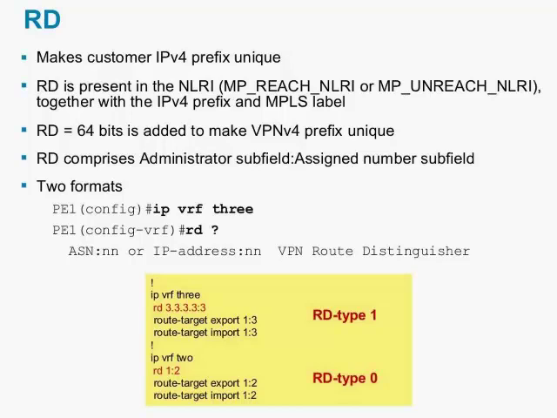When we use ASN:NN, it's a type 0 RD, and when we use IP address:NN, it's a type 1 RD. These two types are two different ways of representing RD, and there is no functional difference between them. Still, it holds true that the basic functionality of RD is to make an overlapping address unique in the BGP table.